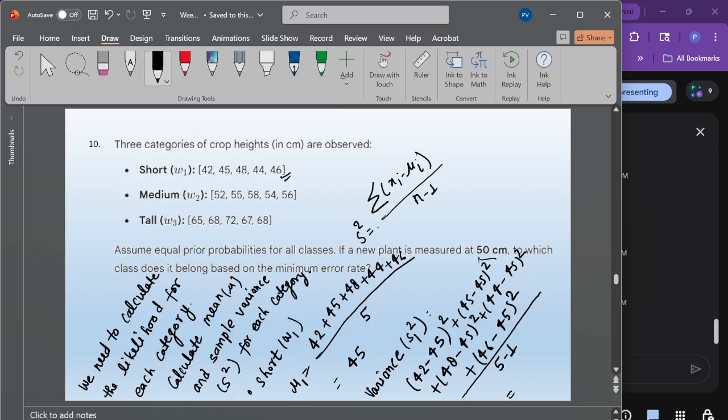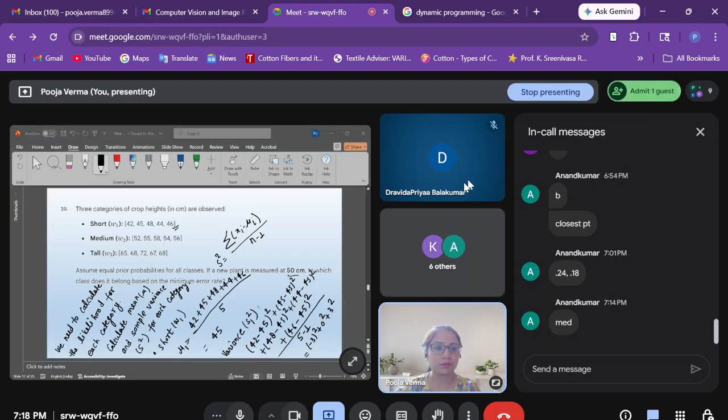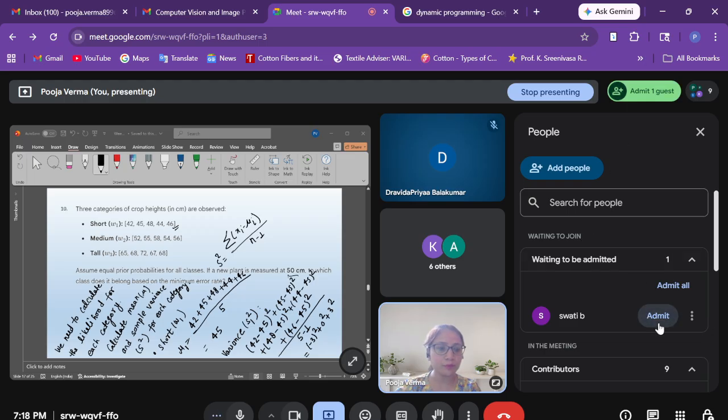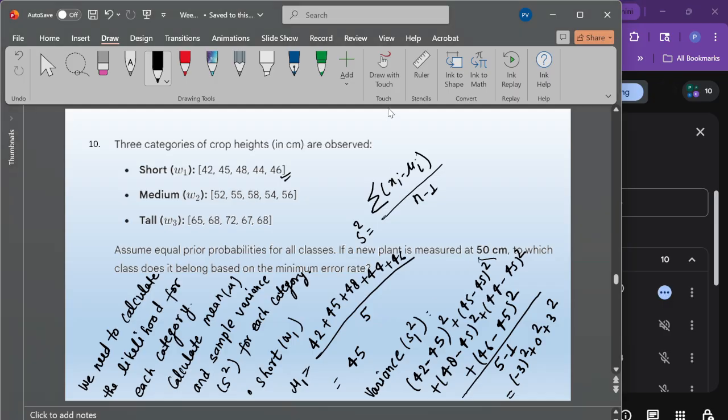Further subtracting, minus 3 whole square plus 0 whole square plus 3 whole square plus minus 1 square plus 1 square, divided by 4.